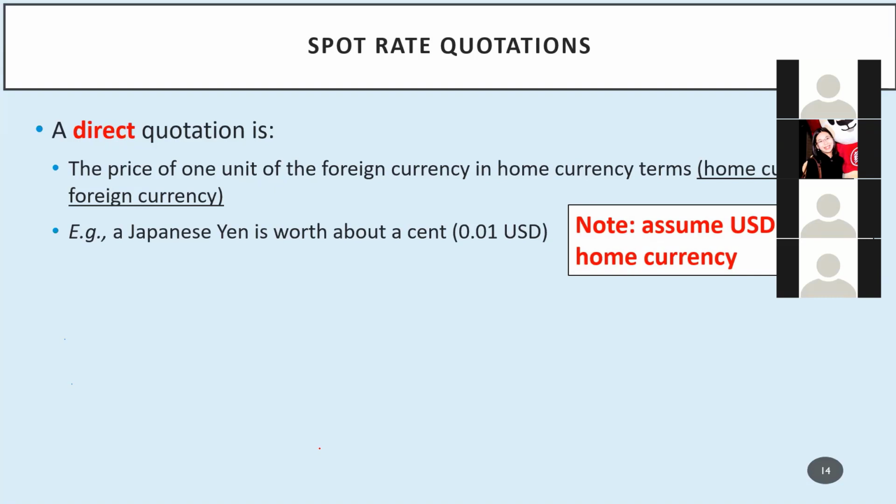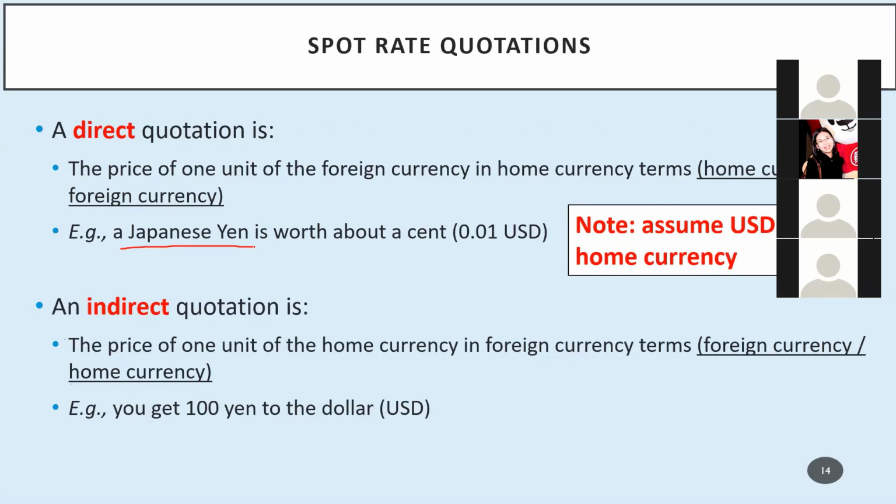For example, if we're trying to price the Japanese yen, from a US citizen's point of view, it is a foreign currency, right? So for a direct quotation of the Japanese yen, I'll be saying that each yen is worth about 1 cent of the USD. Okay.